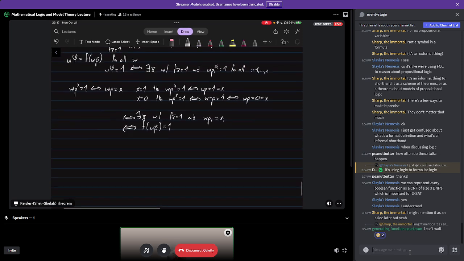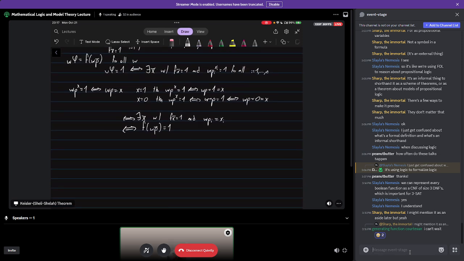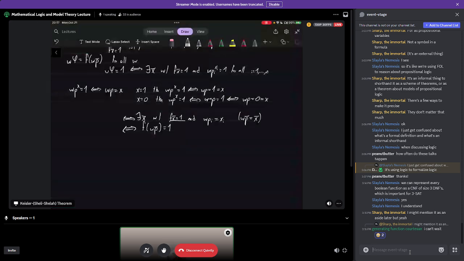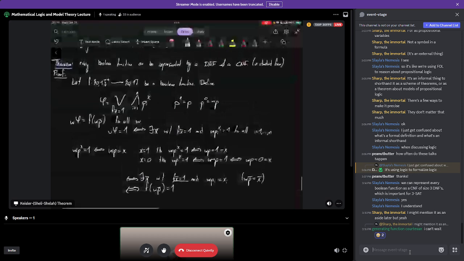Because what this is saying is that there exists a vector x such that WP is equal to x. And so if WP is x, and I know that f of x is equal to 1, then f of WP is equal to 1. Okay, so that's our proof of everything having a DNF.